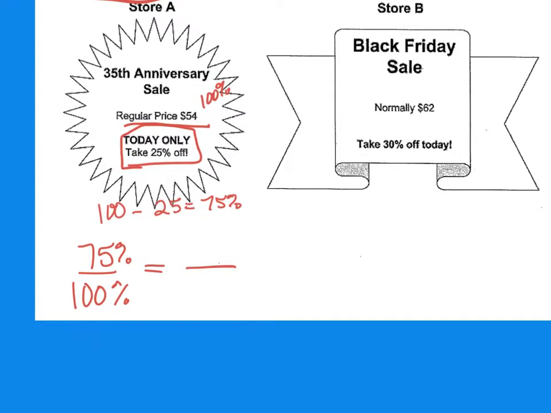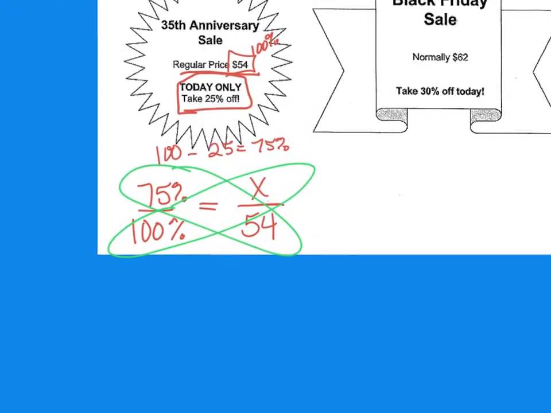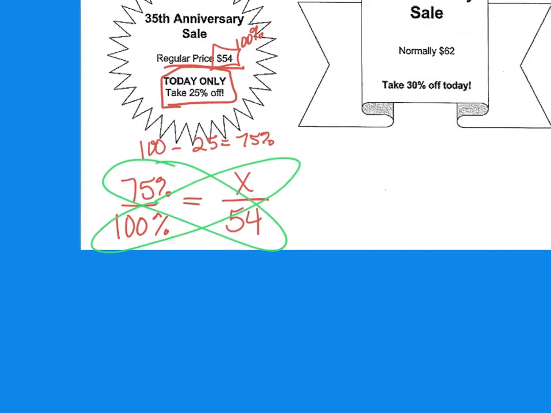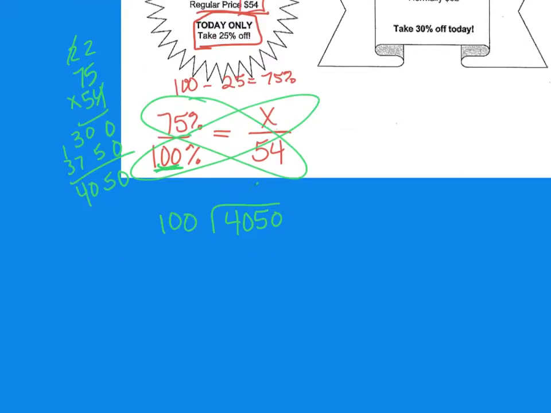Your regular price, your original price, is going to be equal to the 100%, because that's the total price. We're looking for the sale price. So then we've got to cross multiply and divide. And what type of thing is this called? 40.5.